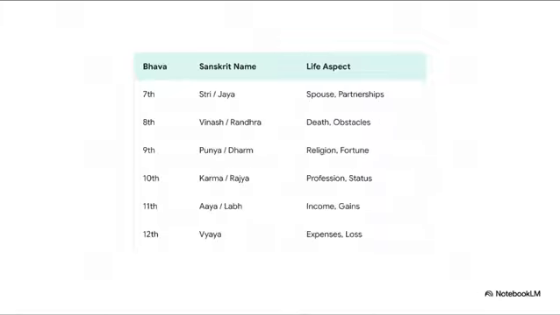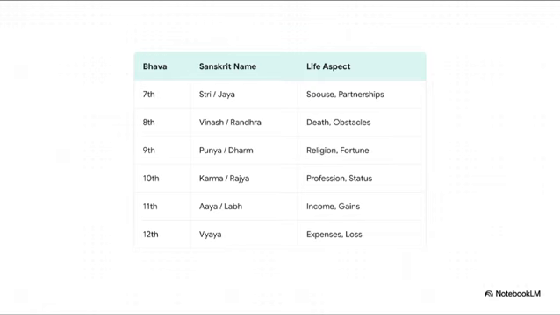Moving right along to the final 6 houses, we can really see how this builds. The 7th is Stri or Jaya, representing your spouse and your primary partnerships, Jivan Sathi. The 8th, Vinash or Randhra, maps sudden changes, obstacles, and death, Mrityu or Badhayein. The 9th is Punya or Dharm, indicating religion, higher learning, and fortune, Dharm or Bhagya.